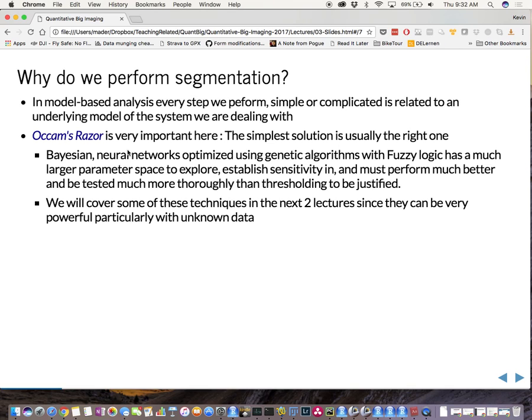And so if you see techniques where they use Bayesian neural networks optimized with genetic algorithms and all of these other fancy approaches, you have to question how well all of these approaches are suited to the data set they're applied to, and if it's not overly complicated and potentially introducing new forms of error that are very difficult to measure.